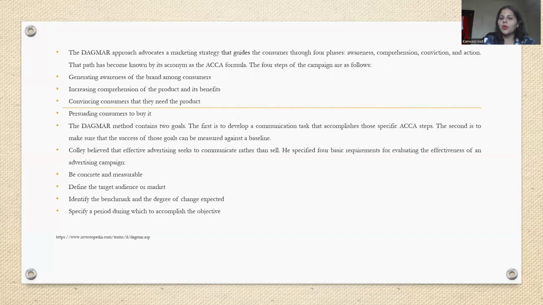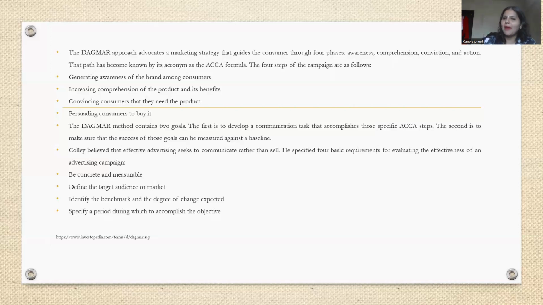This approach advocates a marketing strategy that guides the consumer through 4 phases. So it means the DAGMAR approach has 4 phases: awareness, comprehension, conviction, and action. Now this is similar to a communication model which you have studied in teaching aptitude as well, that first we need to have awareness of anything. Comprehension is you understand something.